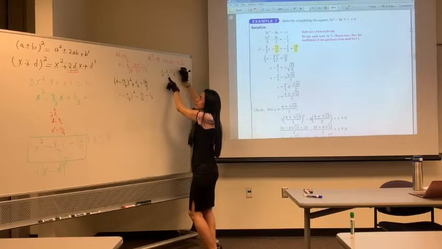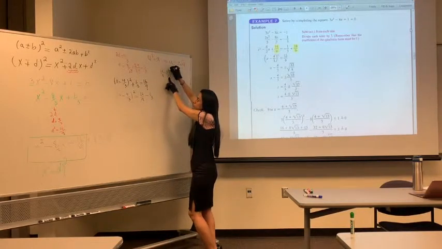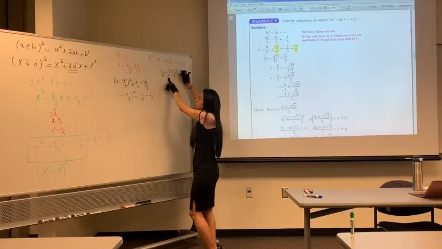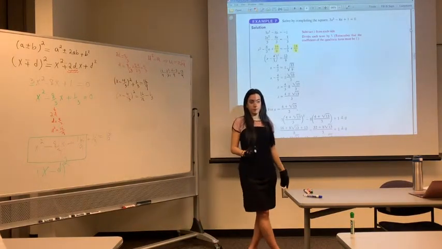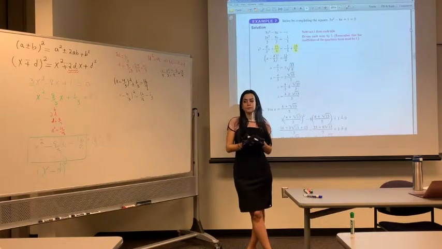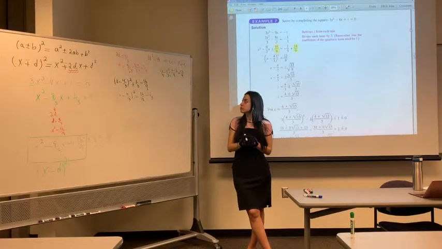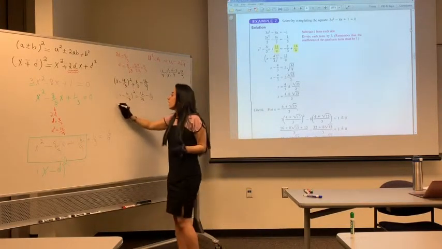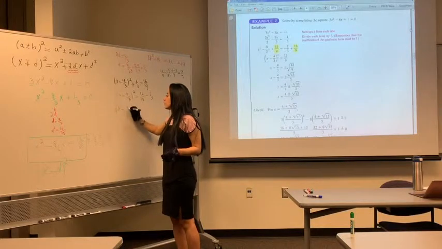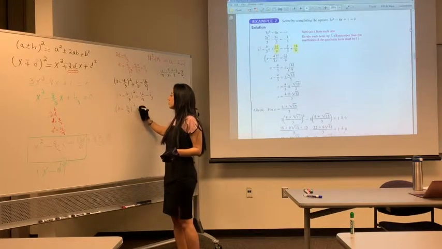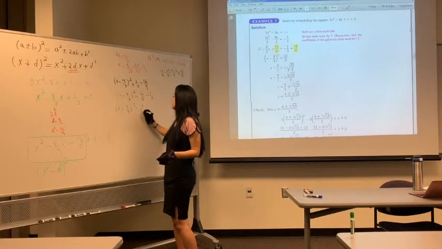But the second one, we have to multiply by 3 because 3 is missing from the common denominator. So we will have 13 over 9. Correct or not? So we will have (x minus 4 over 3) power 2 equal to 13 over 9.